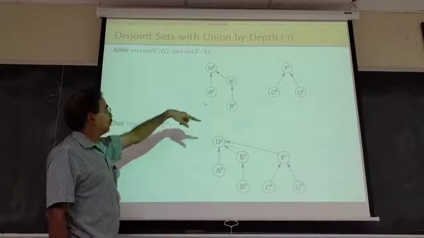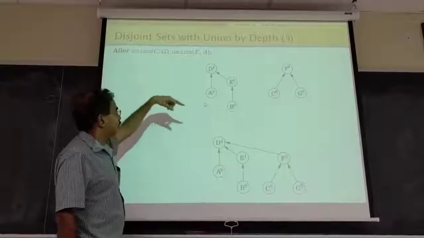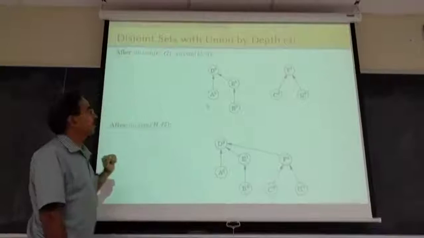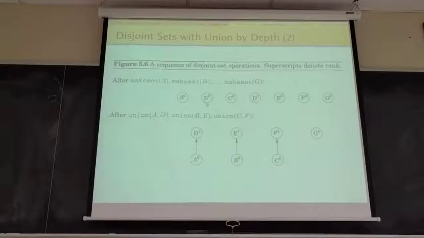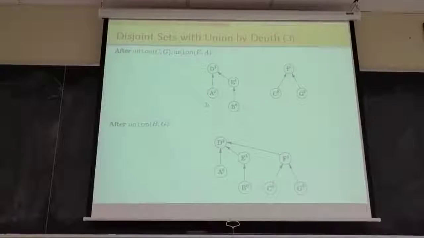The other one is union of C, comma G, where C was already in a 2-element set, and G was in a set by itself.